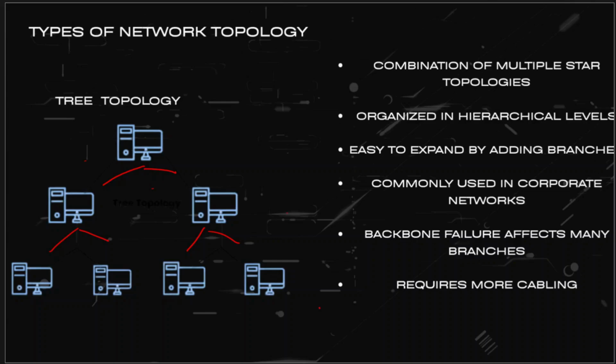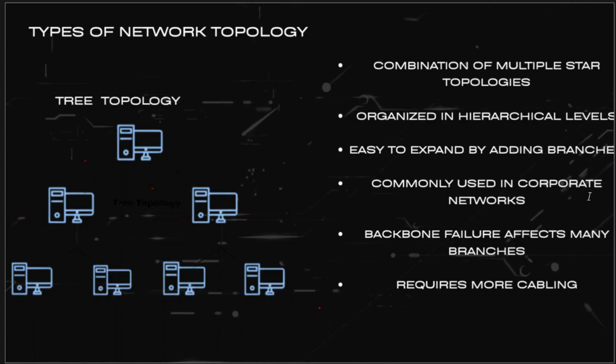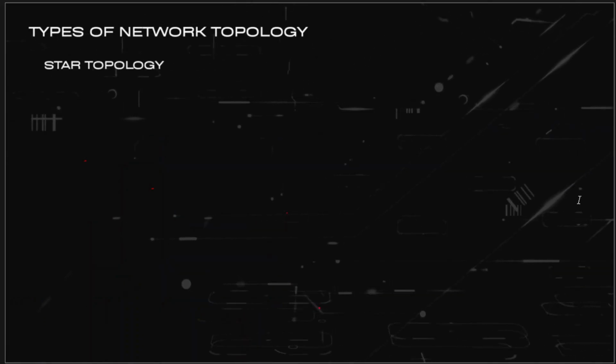If the main backbone fails, then all the branches will be affected. You should go for it in large and multi-story organizations. So these are the pros and cons of the tree topology.